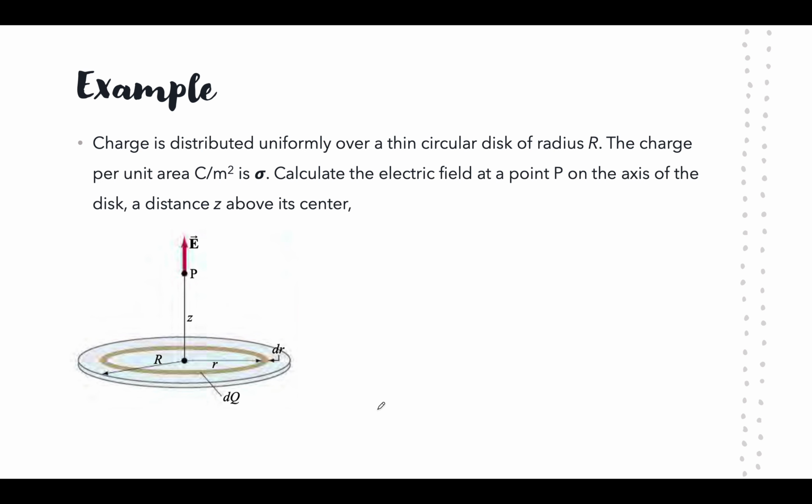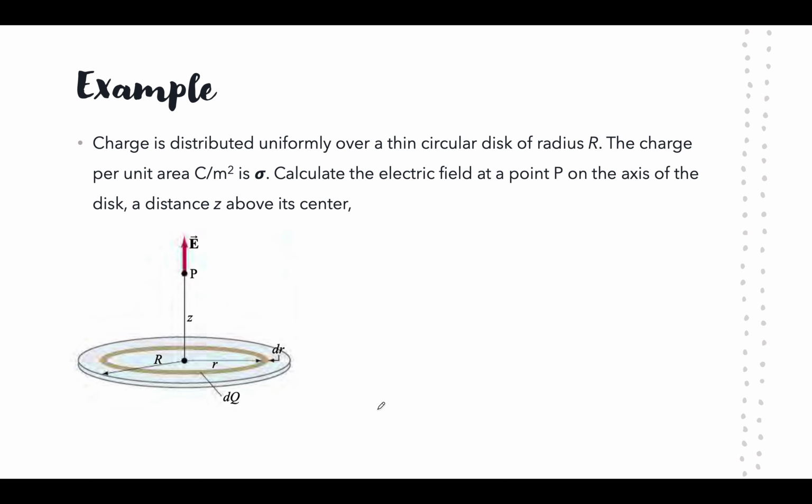So for this one, since we have a charged area, we cannot break it down into little length differentials. We have to break it down into little area differentials. And if we look closely at this circular disk, we can break it down into an infinite number of rings, right?